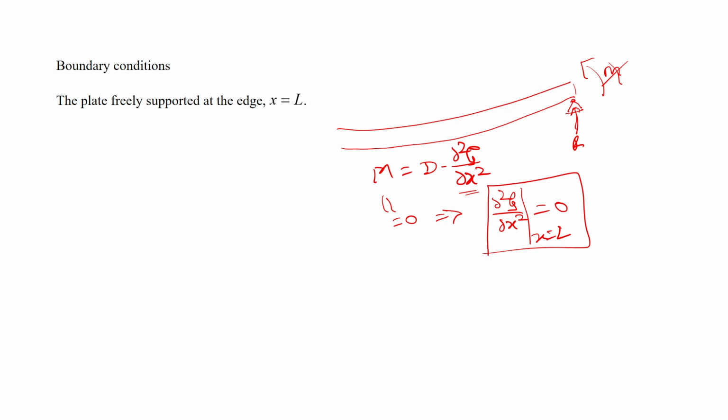And the other boundary condition can be two things. In one case, the boundary condition can be the load that is applied, and the other boundary condition can be the deflection at this point. So, when we say that the plate is freely supported at the edge, both of these can be meant.